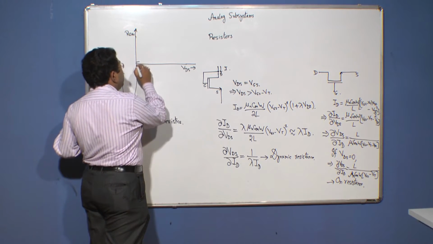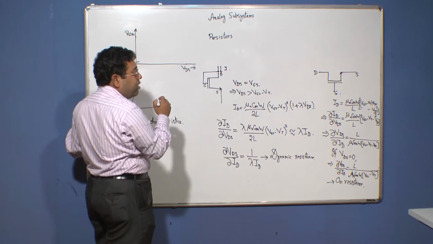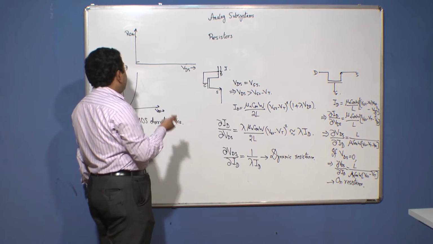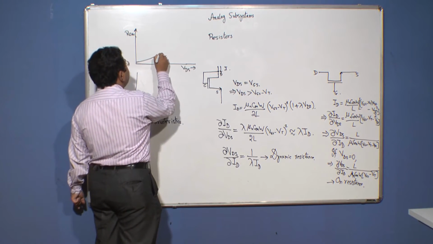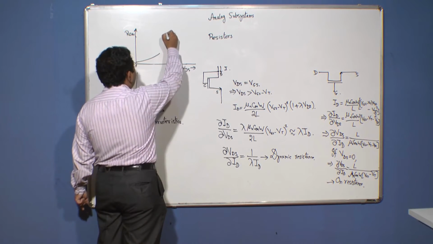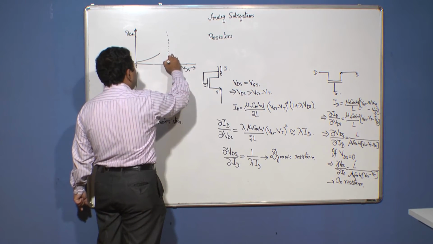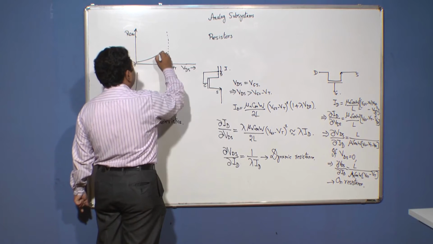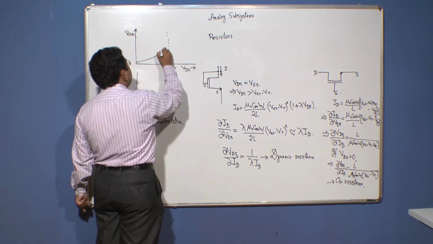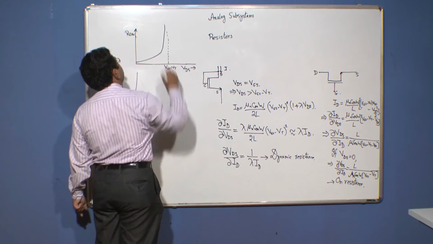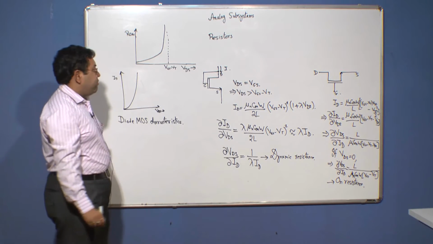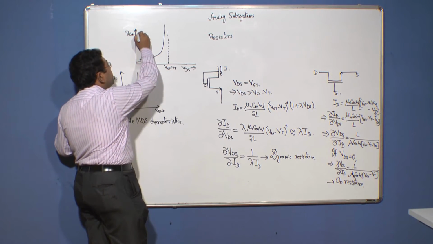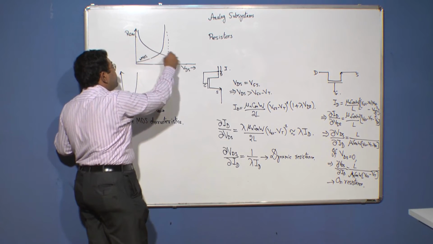Now, as you go on increasing VDS, the difference becomes lesser and lesser, and therefore, R on also increases, but notice that when VDS equals to VGS minus VT, it becomes infinity, which means that VDS equals to VGS minus VT line is basically an asymptote to the curve. So, this is for an NMOS transistor. Similarly, for a PMOS transistor, the characteristics will be somewhat like this.